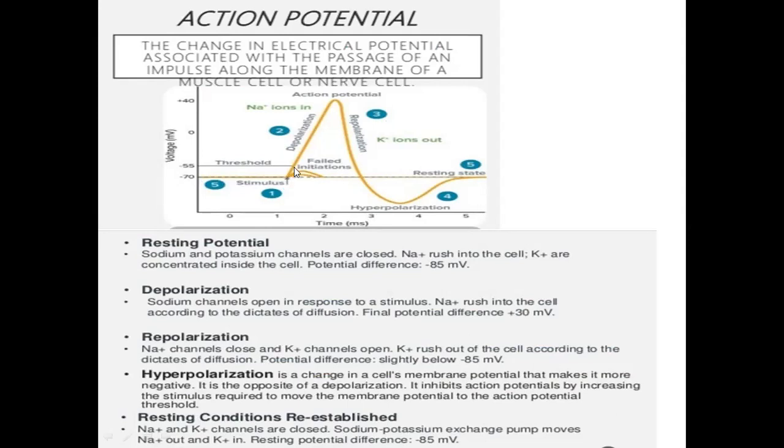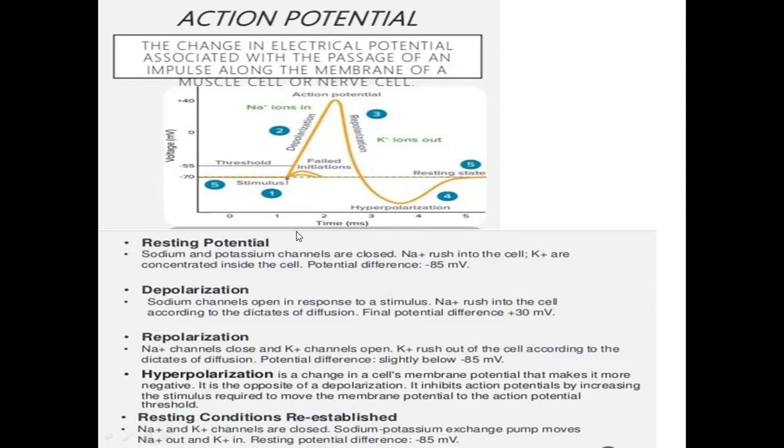After that, the slope is depolarization state, and after that the slope is repolarization state, and through hyperpolarization then the slope remains in resting state. So in every single neurotransmitter transmission process, this electrical potential is associated.